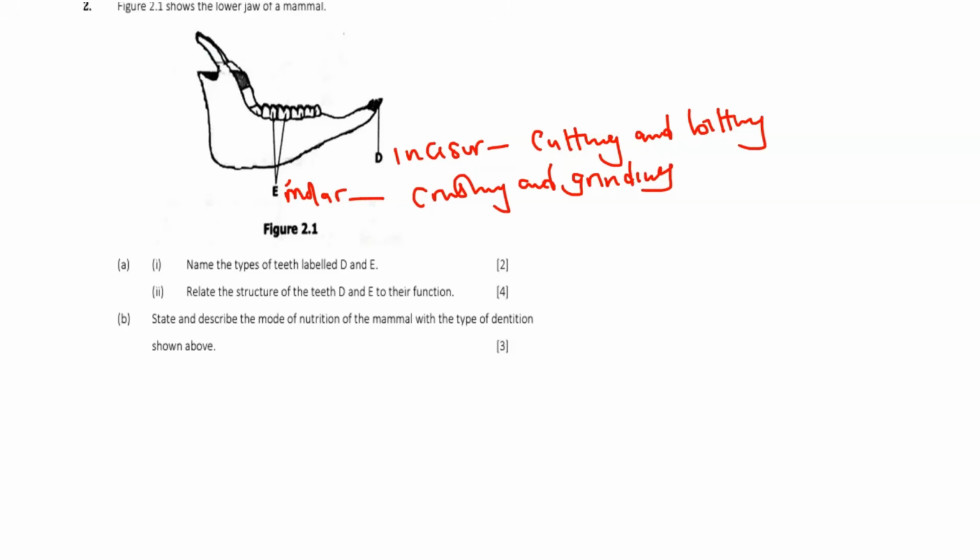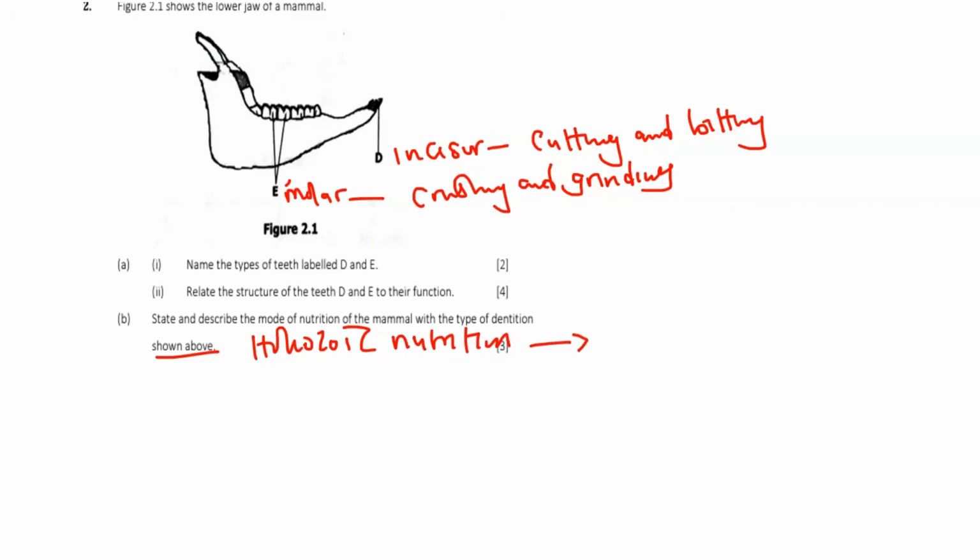Then state and describe the mode of nutrition of the mammal with this type of dentition. So the type of nutrition for this is called holozoic nutrition. Now what is holozoic nutrition?